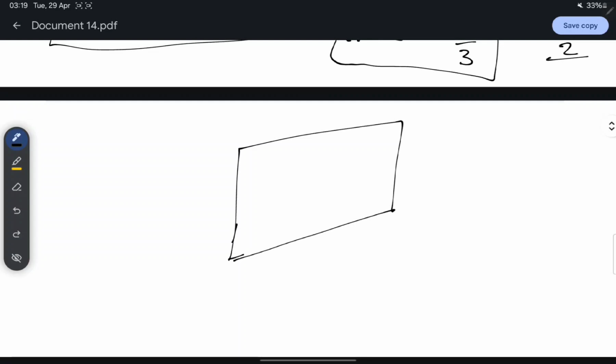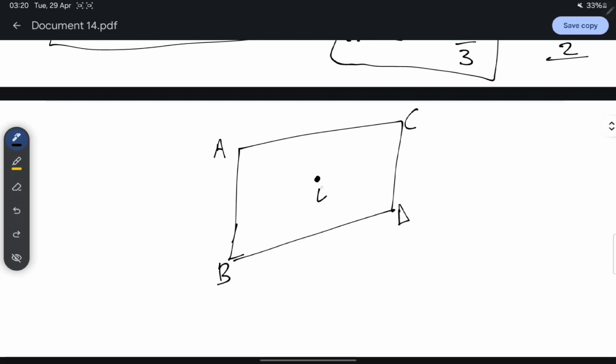This is just a parallelogram. Let's say I'm having this shape, then I'm having a point maybe here. It's not that always it will be inside.